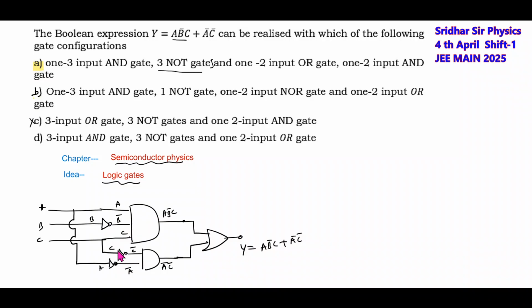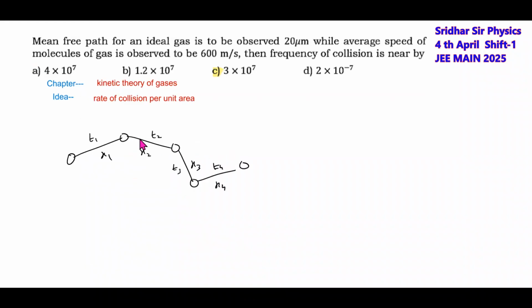Three NOT gates, one two input AND gate, one three input AND gate, one OR gate. I think this is the possible one. It's a bit tougher, though, first time logic gates where you have to really think so much. We'll take the next question.